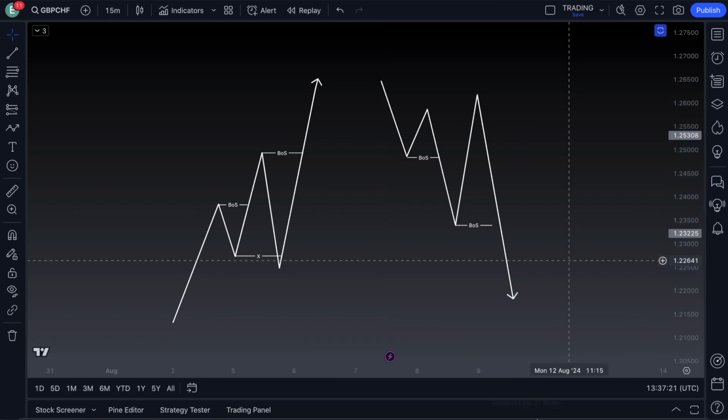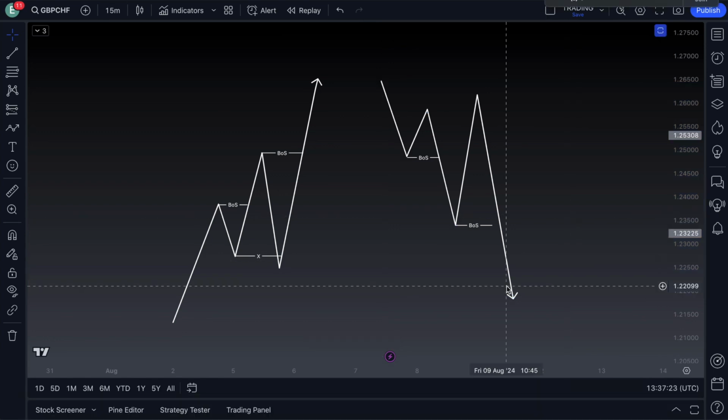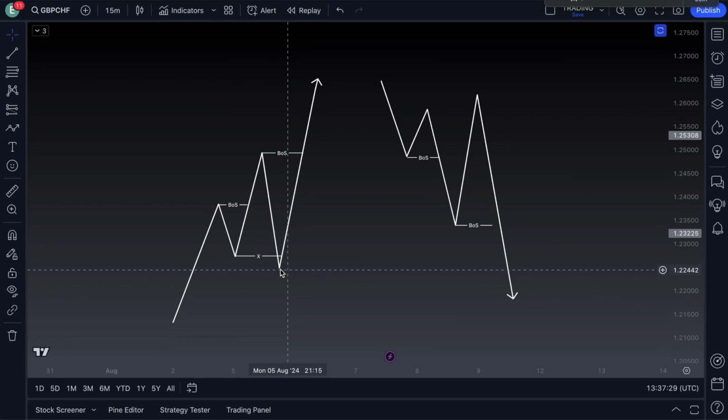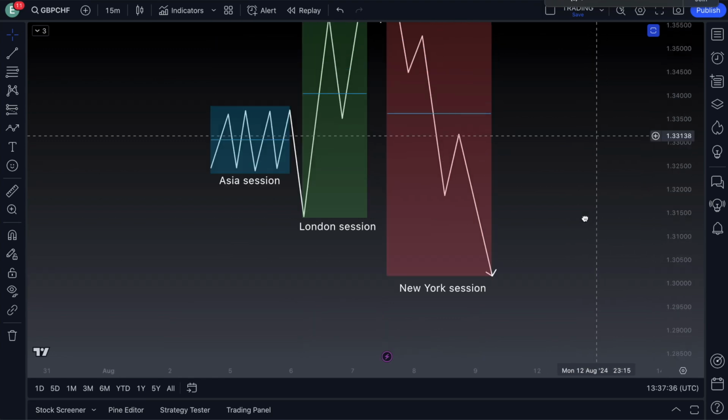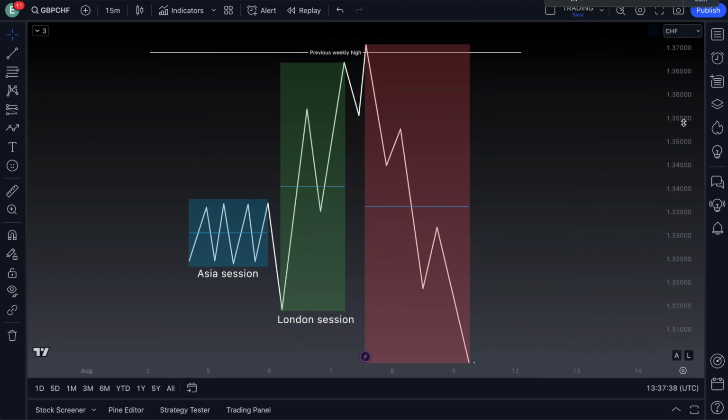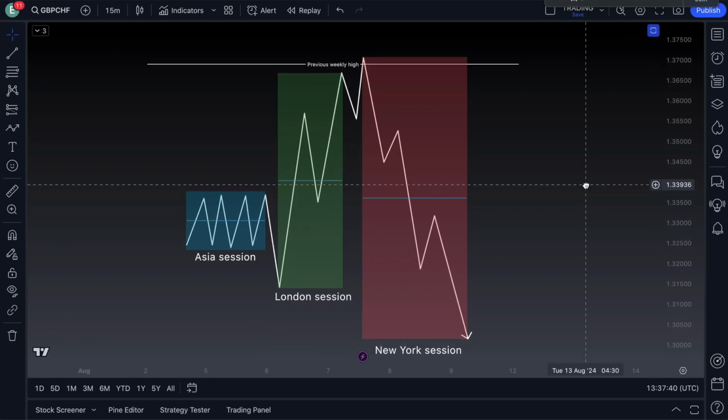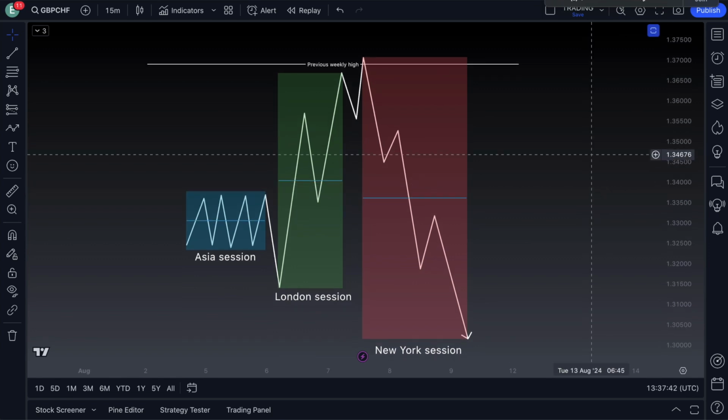So there is only one type of liquidity, but there is multiple ways in which liquidity will present itself. I just gave you an example of stop loss liquidity. But if we move up here I have an example of session liquidity. So this is Asia, London and New York session. This happens every single day.